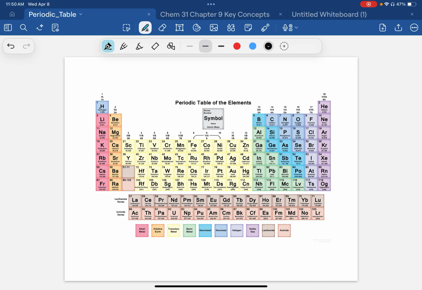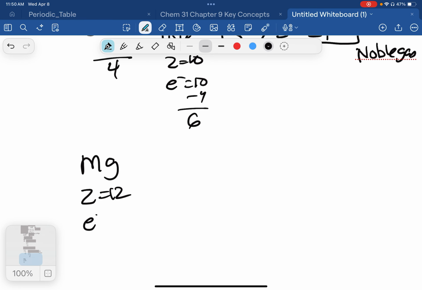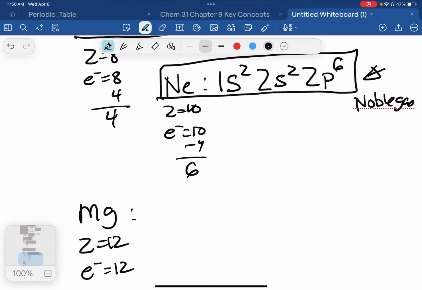Okay, jumping to the next idea, let's look at magnesium, which has an atomic number of 12. It is not charged, therefore the number of electrons is also equal to 12. We're going to look at them in order, and the order is here so I don't have to go back.